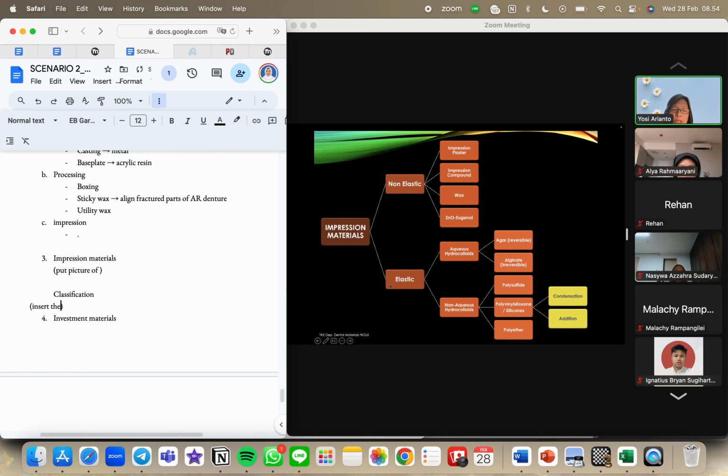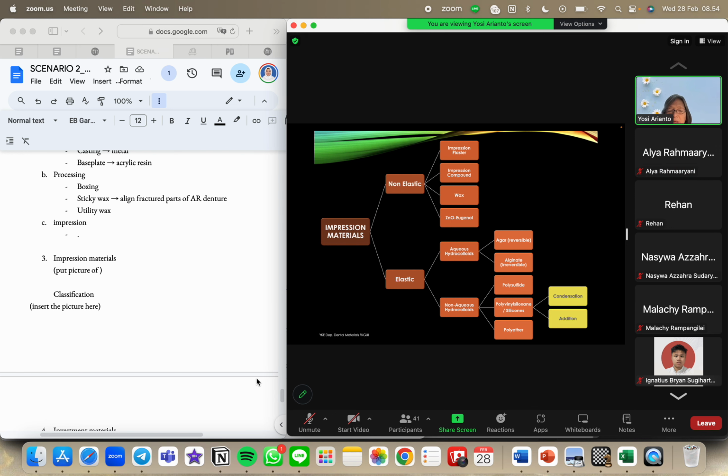But the elastic ones, we have two different types: aqueous hydrocolloid and non-aqueous or elastomeric materials.